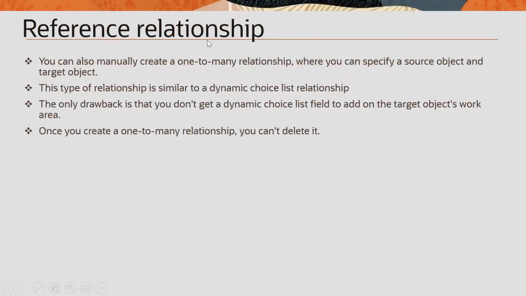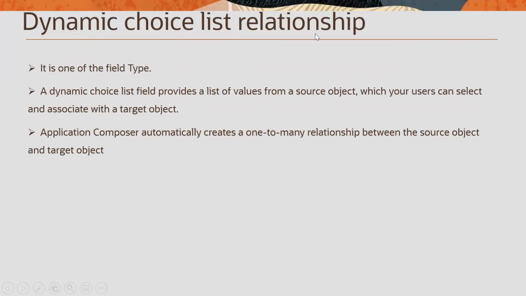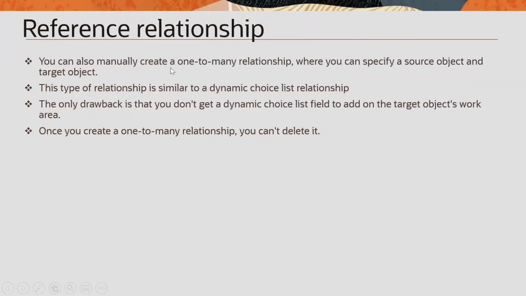I'll go to the reference relationship. A reference relationship is the same as a dynamic choice list relationship, with only one change. In a dynamic choice list relationship, we go and create a field. But in a reference relationship, we go directly to the relationships tab.